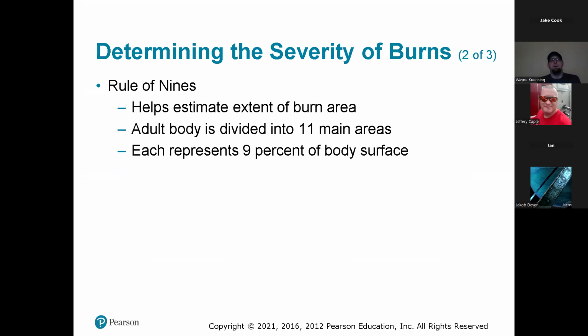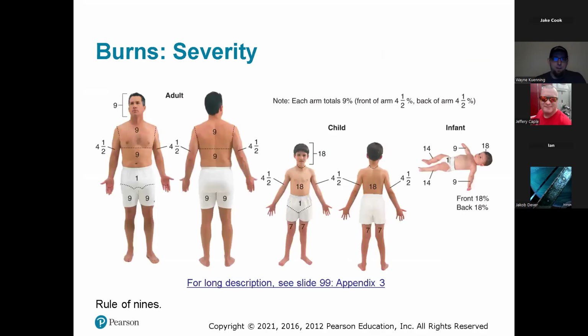The rule of nines helps estimate the extent of a burn area. It doesn't have to be perfect, but it needs to be close. An adult body is divided into 11 main areas, which represent 9% of the body surface area.